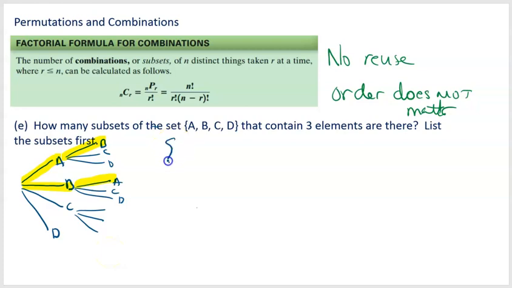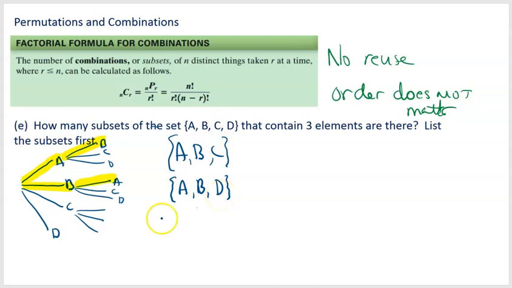So if I were to list the subsets, let's not worry about the curly brackets. Let's just say A, B, and C is definitely a subset of the set A, B, C, D. What's another one? What about if we do A, B, and D? And that's every way we could have A and B, right? If A and B are together, then C one time, D another time.